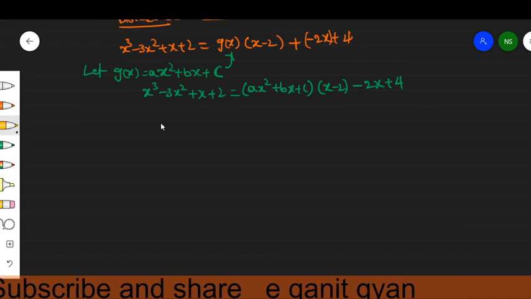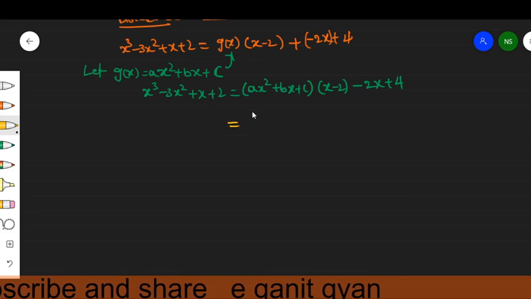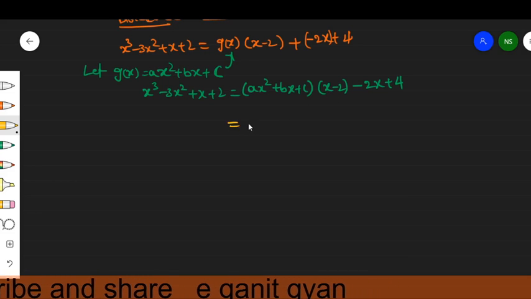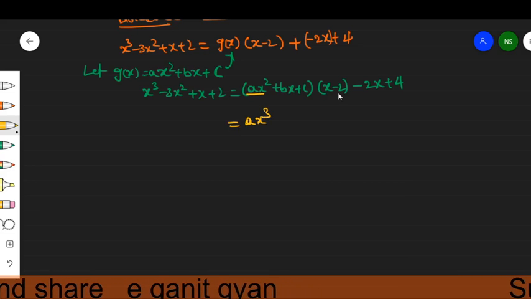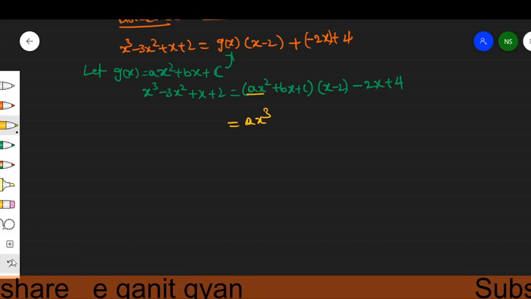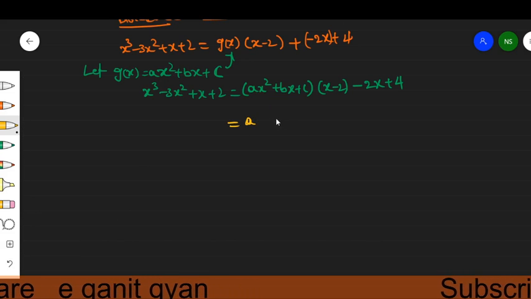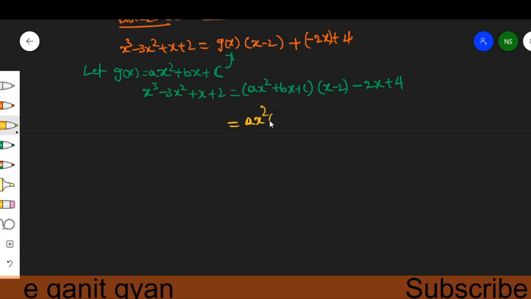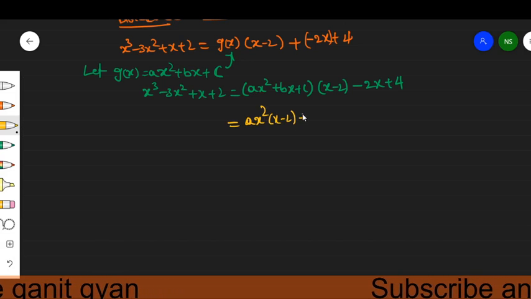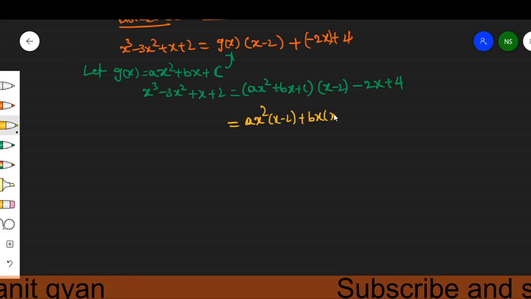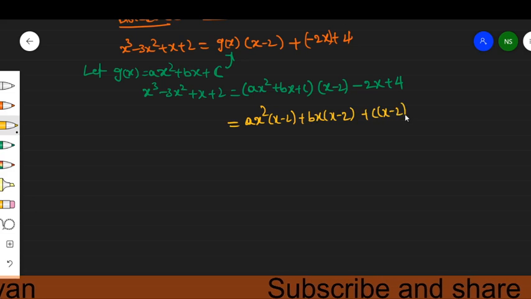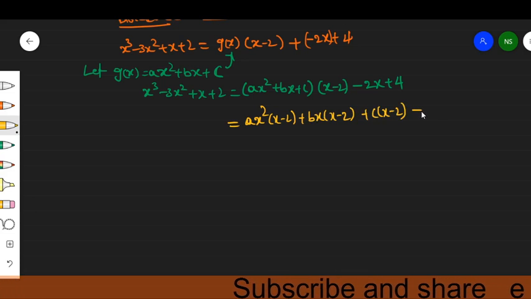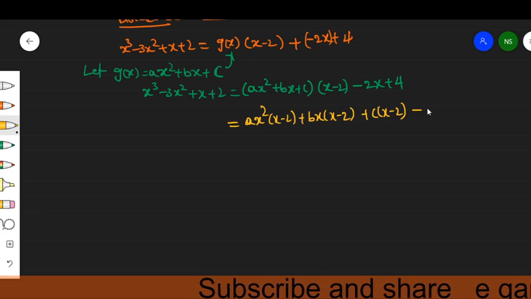So I will simplify this one like this, which is equal to ax square into x is ax cube. Or else if we are having confusion, we can separate this one: ax square into x minus 2 plus bx into x minus 2 plus c into x minus 2. Which method are we using? We are using the distributive formula.